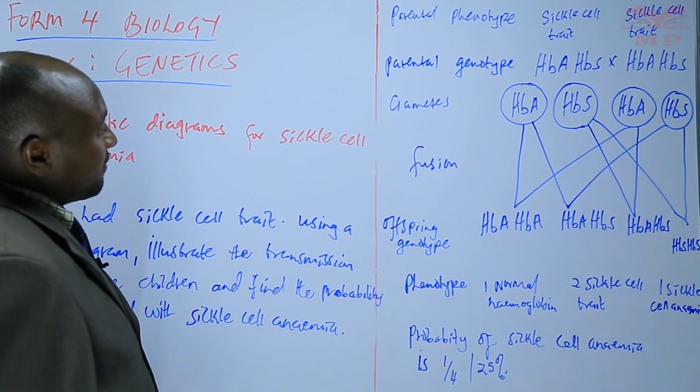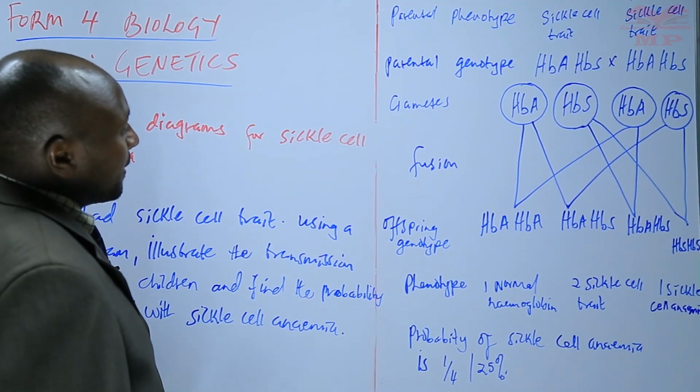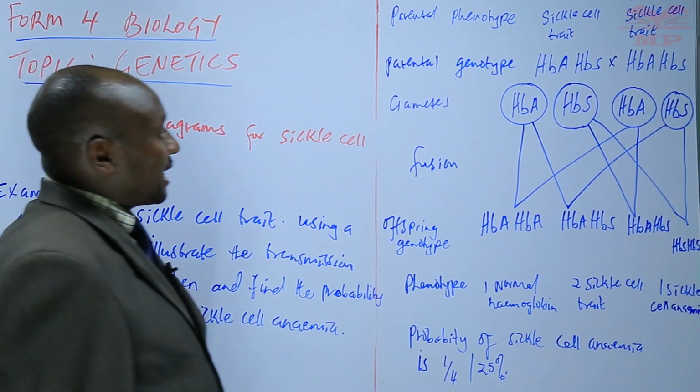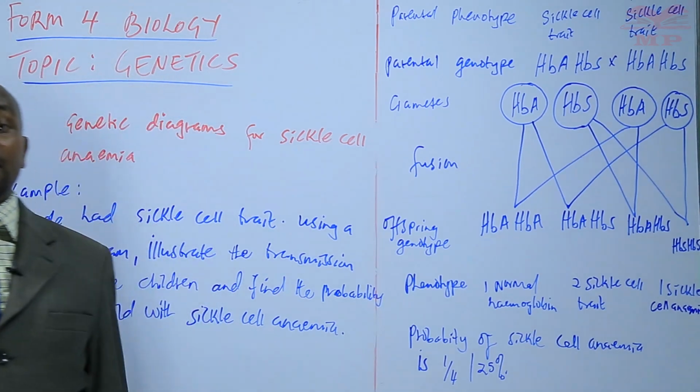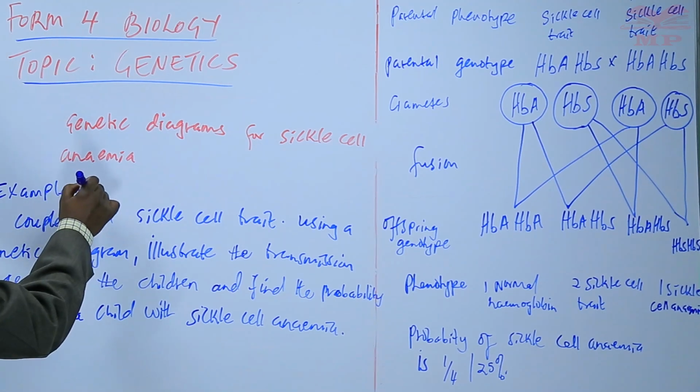We can also have a different scenario whereby one parent has sickle cell anemia and the other one is normal. So this is example 1.